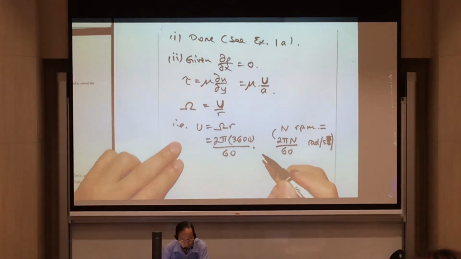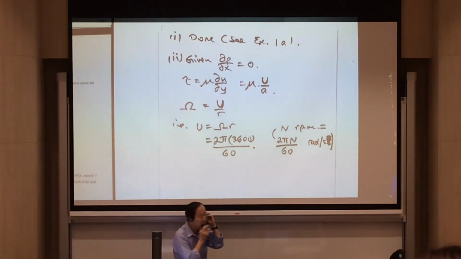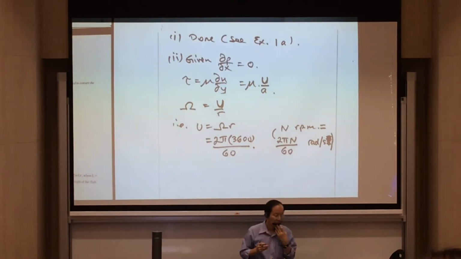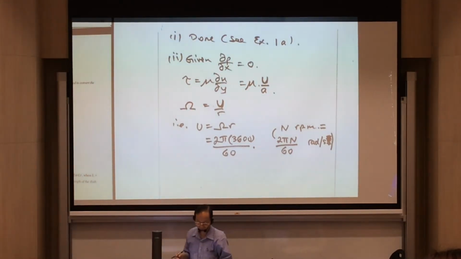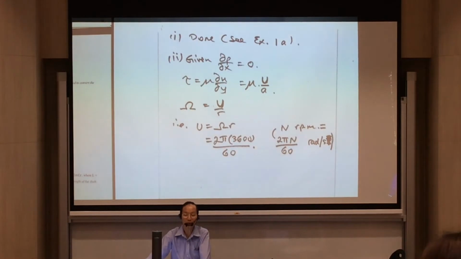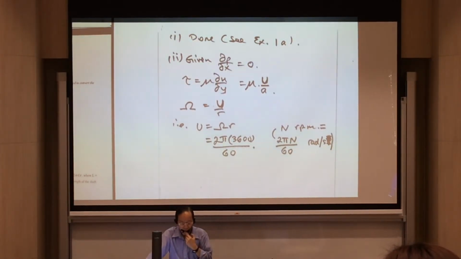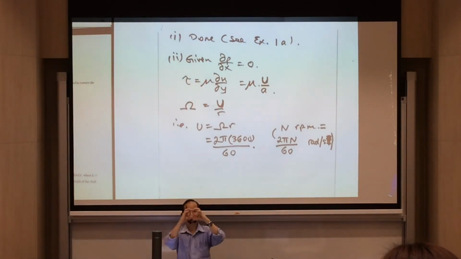r becomes what? r becomes a, because it is at the peripheral of the shaft.